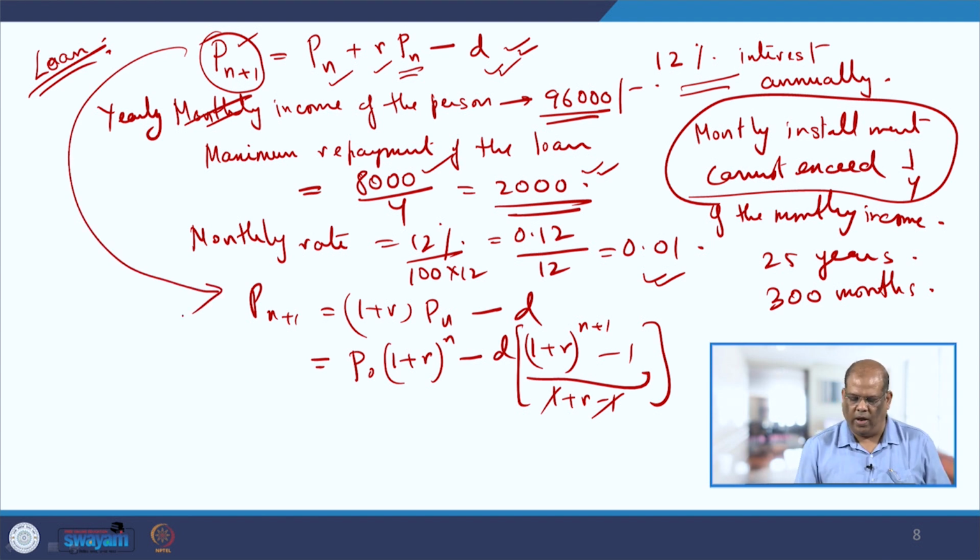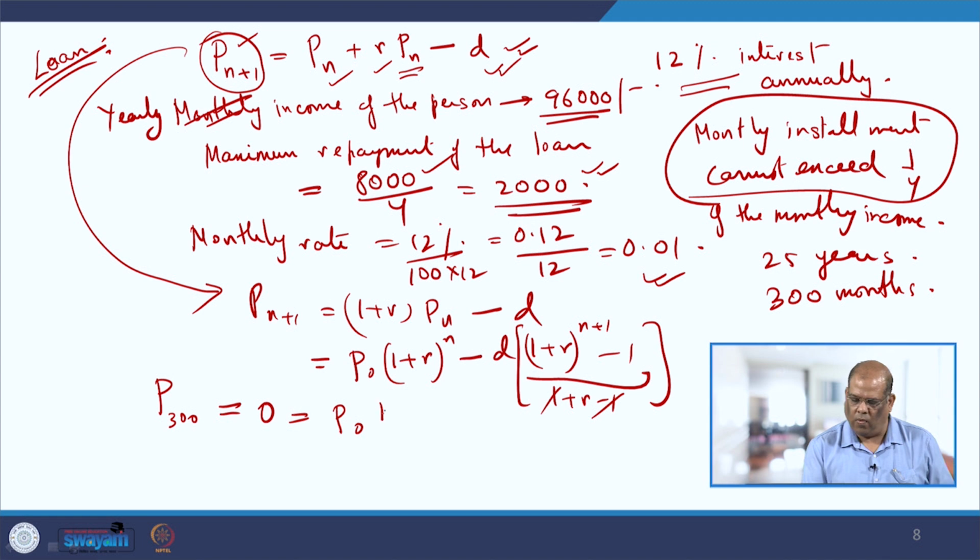You substitute everything here and you say that in 300 months my loan amount will be 0. So, you put this equal to 0, and you want to calculate your initial amount. So, what will be your P0?